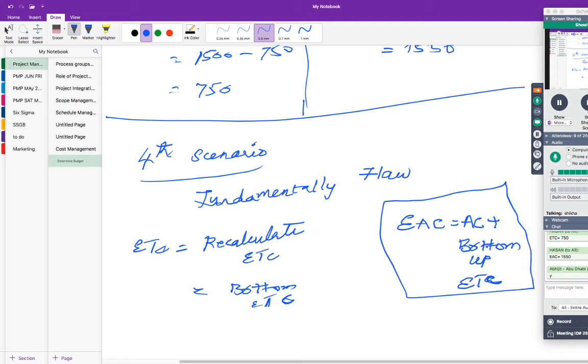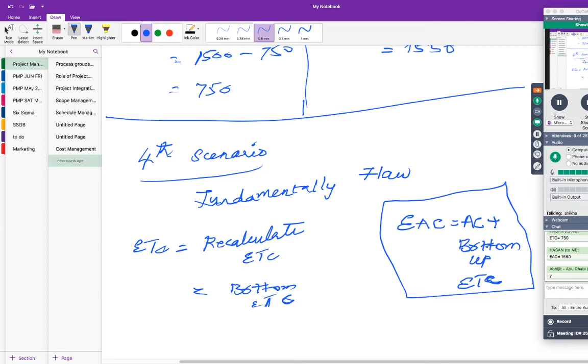In your examination, first read the question and find whether they are asking for EAC or ETC. They may not directly tell you ETC or EAC; they will tell you in words.